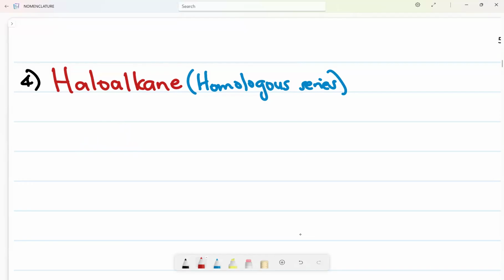This word is composed of halo, from halogen, and alkane.